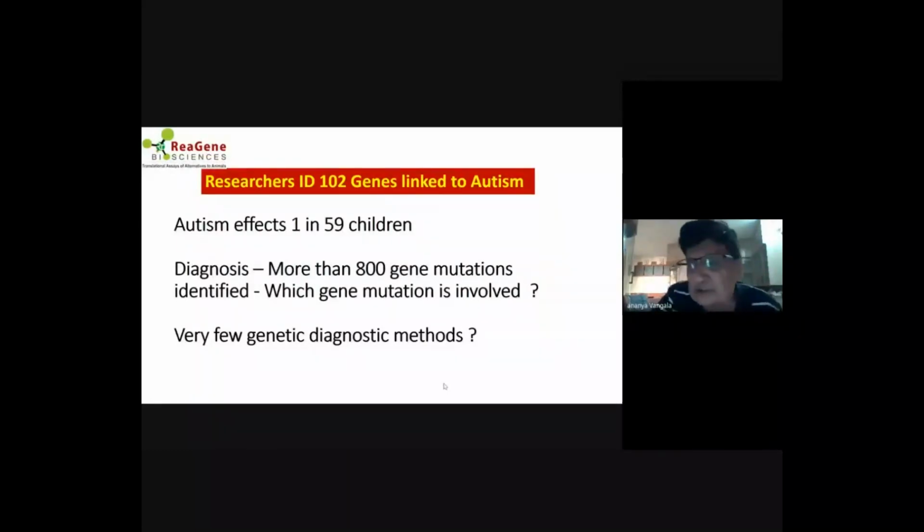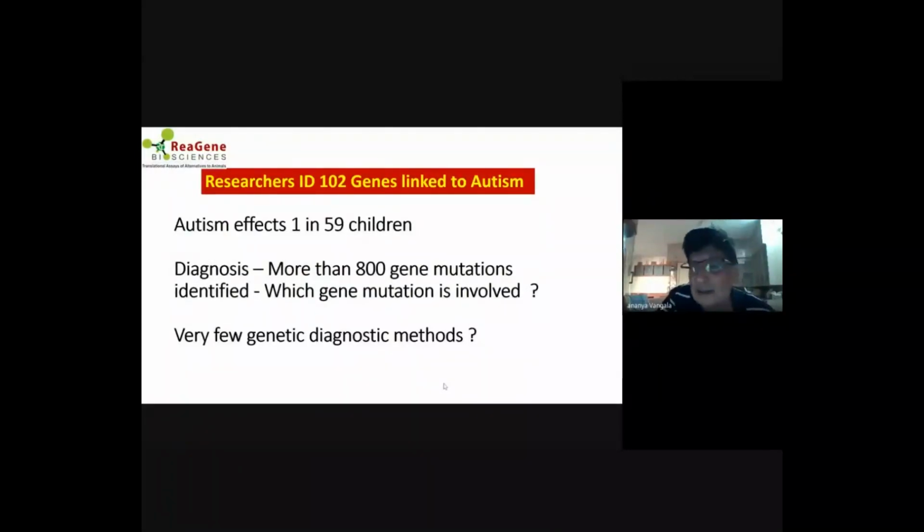So the other issue is that now people are trying to do the genetic drug discovery. I mean, this is another fun that is going on, gene therapies. Autism is one of the neurodegenerative disorders. When the kids are born with autism, they don't survive more than 50. Many of them don't survive.